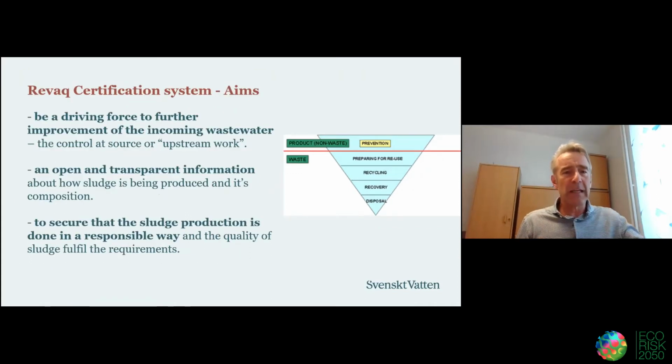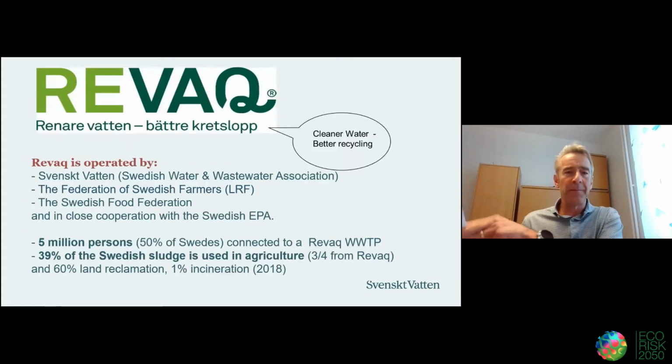So the Reebok certification aims to be a driving force for further improvement of the incoming wastewater, what we call the control at source or upstream work, with open and transparent information, and also to secure that the sludge is produced according to the regulations in the certification system.